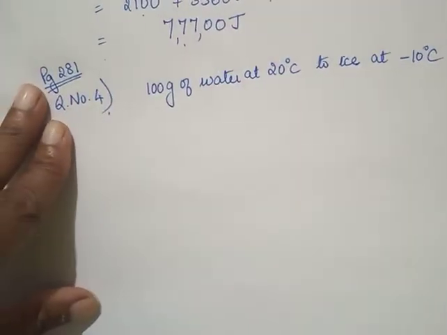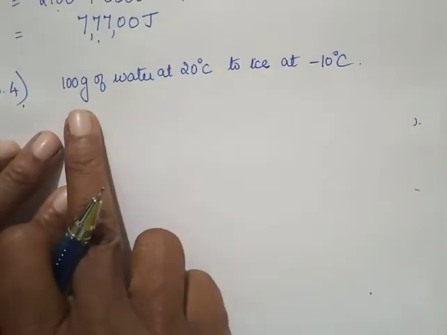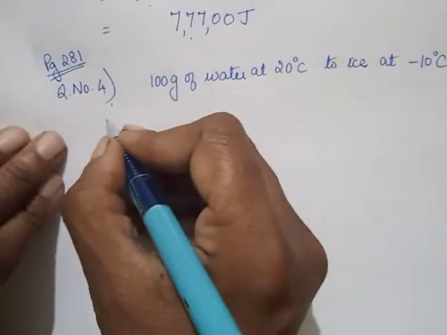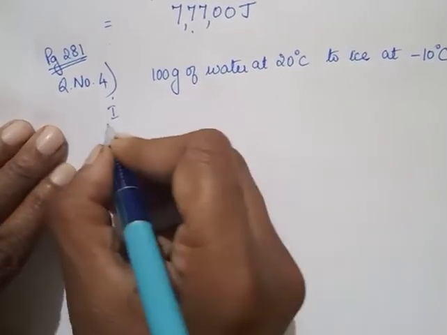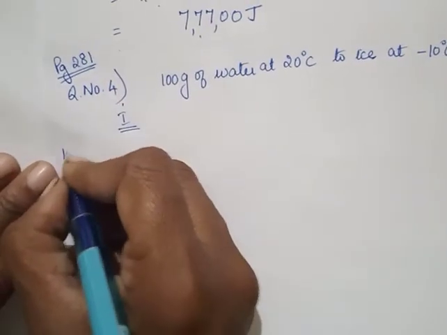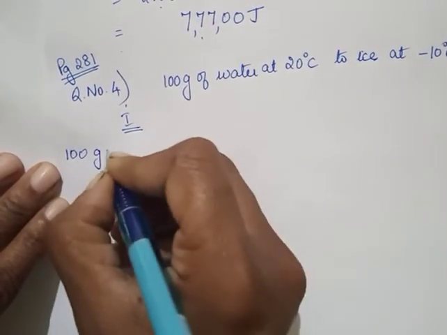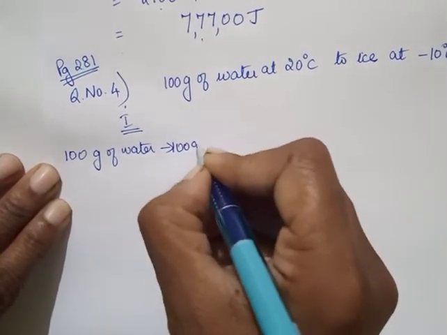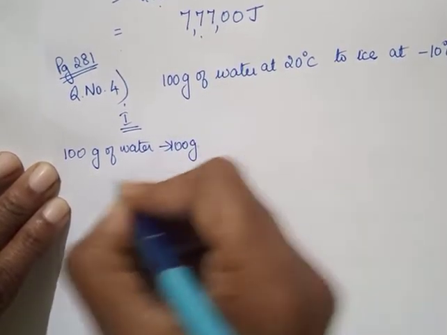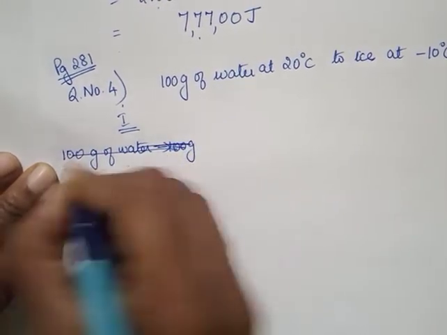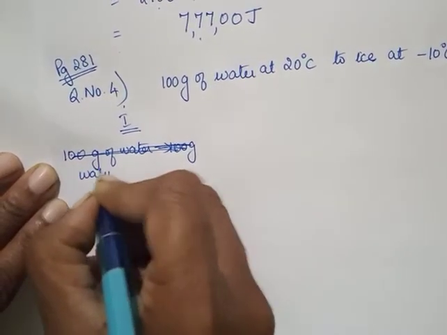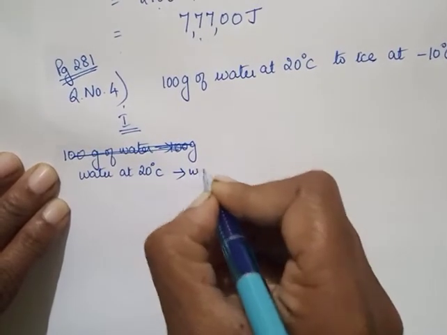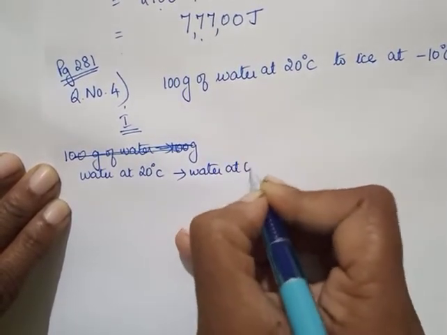Now see the question. 100 gram of water at 20 has to change to ice at -10. What are the steps involved? Again, there will be 3 steps. First, water at 20 degrees Celsius has to change to water at 0 degrees Celsius.